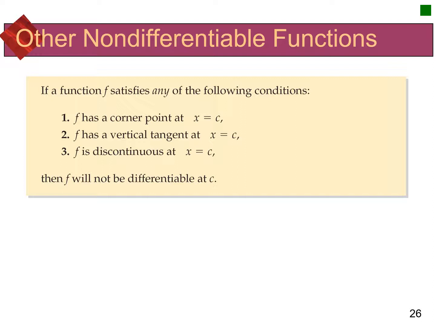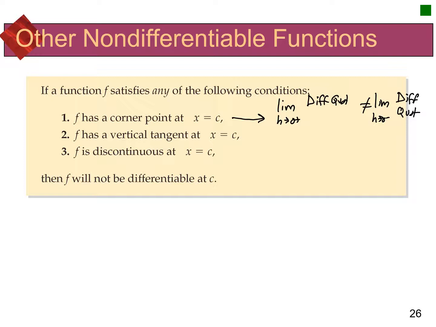And I can usually show that with limits, because usually if I do have a corner point there, I'm going to have the limit as h goes to 0 plus of the difference quotient not equal to the limit as h goes to 0 negative of the difference quotient. Generally.